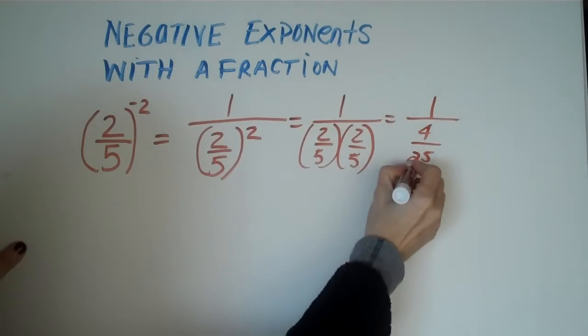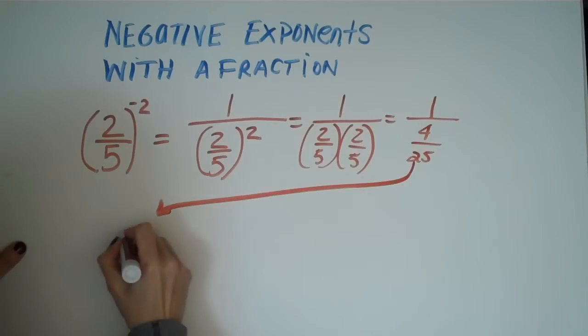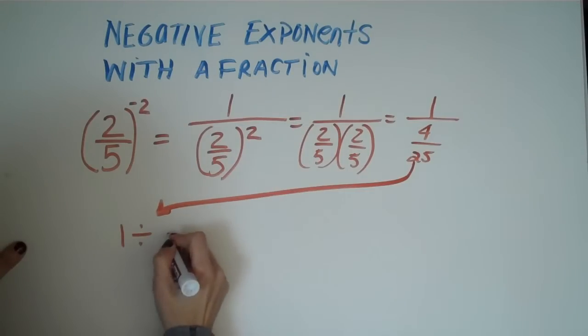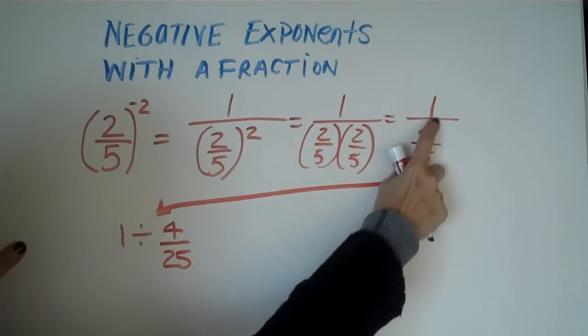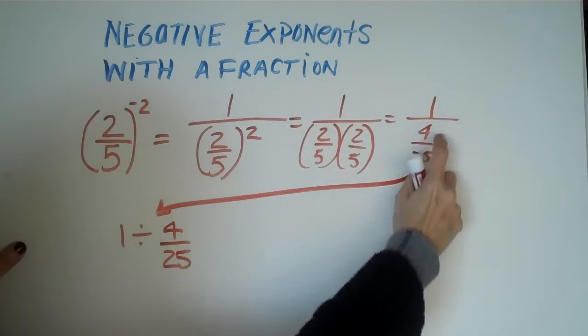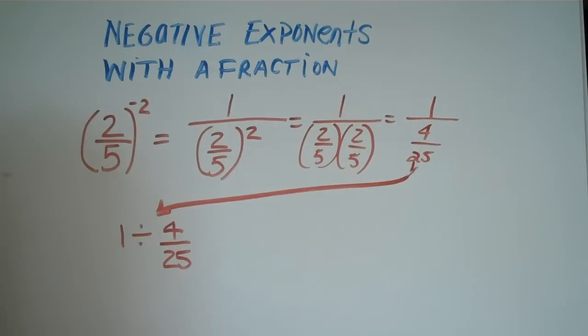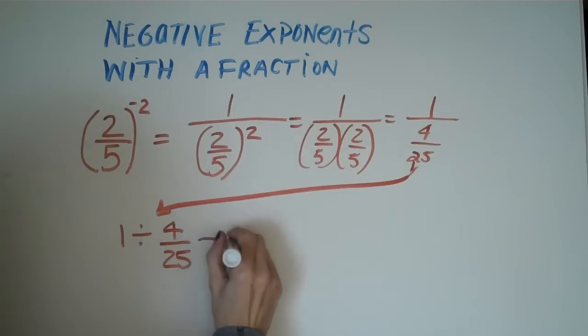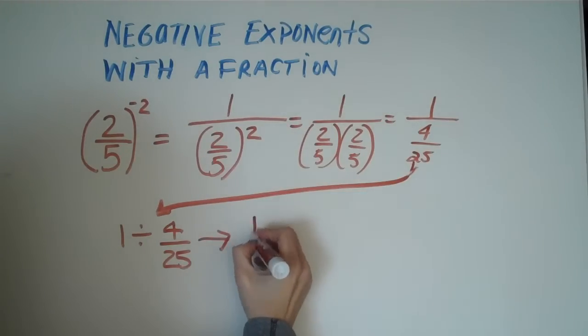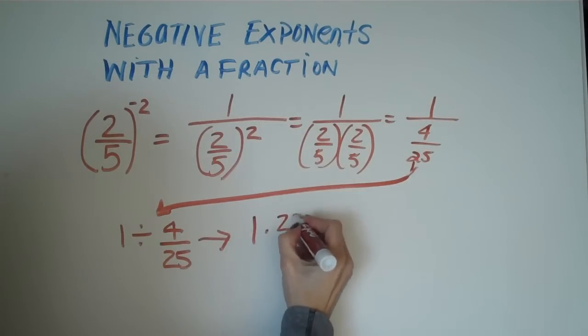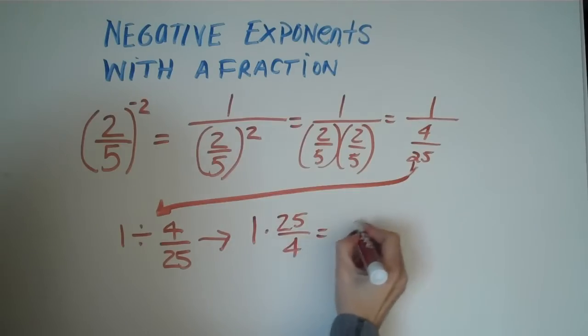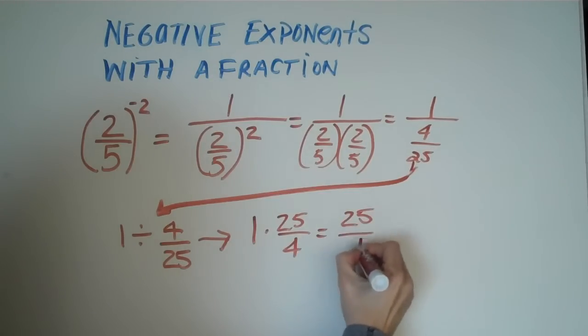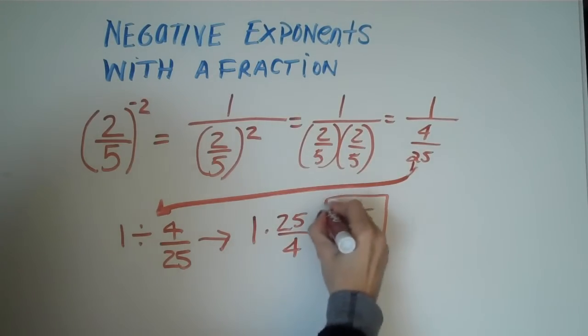So if I were to rewrite that, it would be 1 divided by 4 over 25. That's all that is. 1 divided by 4 over 25. And we know when we have division, what we have to do is multiply by the reciprocal. And when we do that, our final answer is 25 over 4.